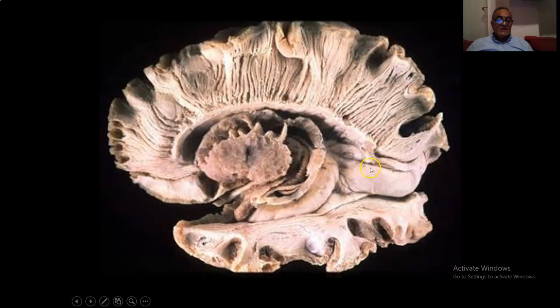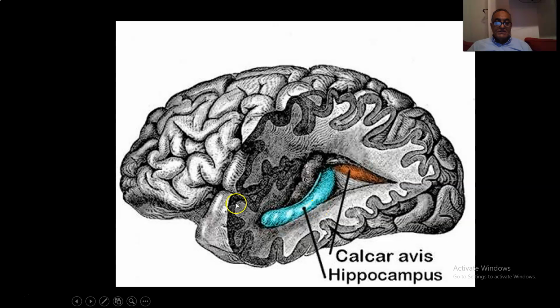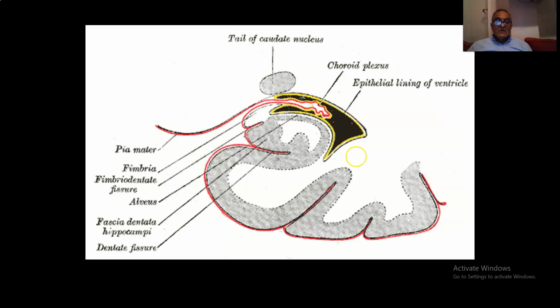This is the hippocampus, and an elevation on the medial part of the occipital horn, which is the calcar avis, as we'll see later. So this is the hippocampus, this is the calcar avis. Another view, this is to stress upon a very important fact that this is the choroidal fissure.